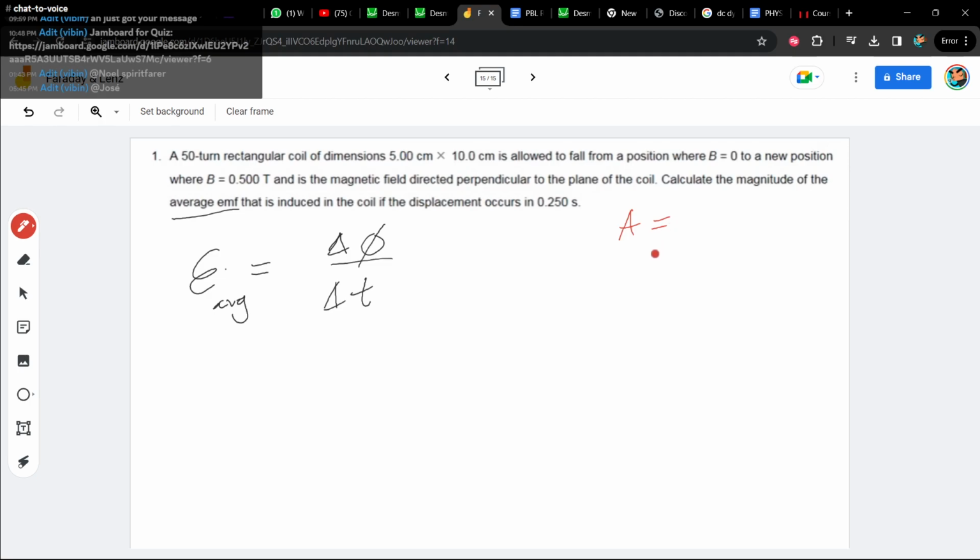Your 50 turns actually changes the A. It's like we have 50 of these rectangular coils, 5 and 10, and this is times 50 because we have 50 turns. So what do you think your area actually is in this question?